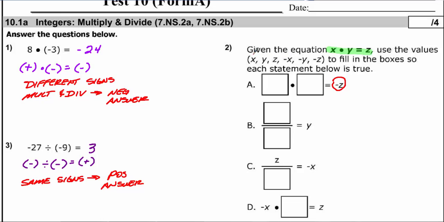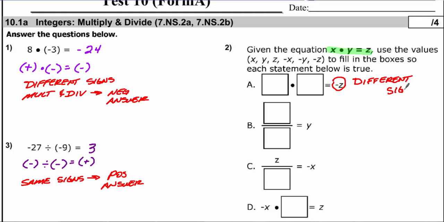Now, we're only given these 6 terms that we can use: either x, y, z, or opposite of x, opposite of y, opposite of z. Here we're getting opposite of z. Opposite of z is telling us the two have to have different signs.